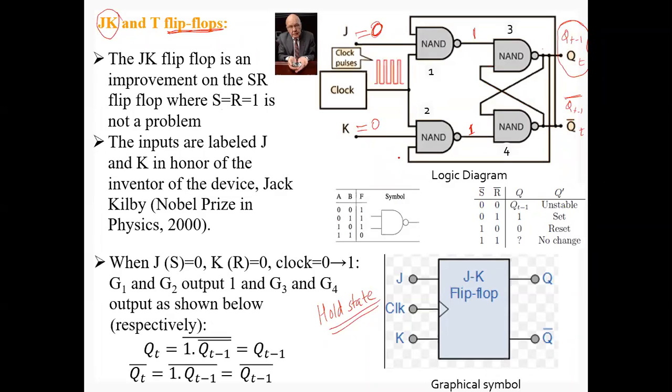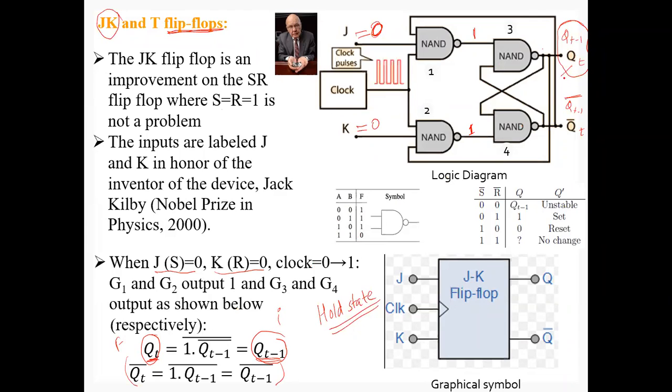Okay. So when J equals 0, K equals 0, what did you find? QT equals QT minus 1 and QT bar equals QT minus 1 bar. So what is the meaning of this? QT means final state. This is the initial state of this guy.